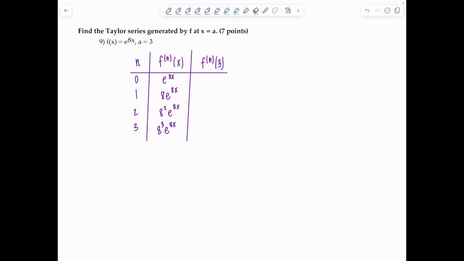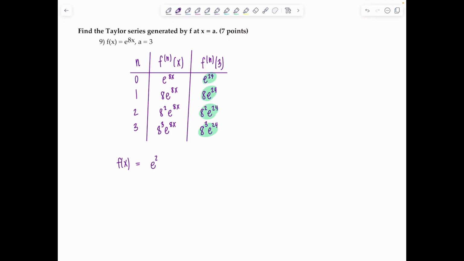Now we're going to substitute in 3 for x. So this is e to the 24th, 8e to the 24th, 8 squared e to the 24th, and so on and so forth. And remember, when you're writing a Taylor series, the terms have 3 components, okay? One component is all the terms from this column here.